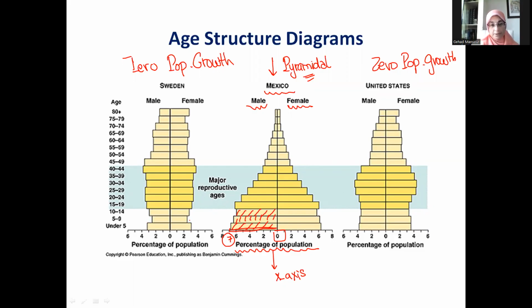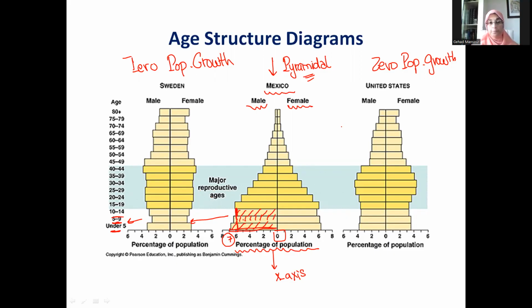So what age groups are these? You have to go to the left. Of course, ignore now this age structure diagram. You will find that under 5, you have 7%. From 5 to 9, you also have about 7%. From 10 to 14, you have this, so this is 6%.